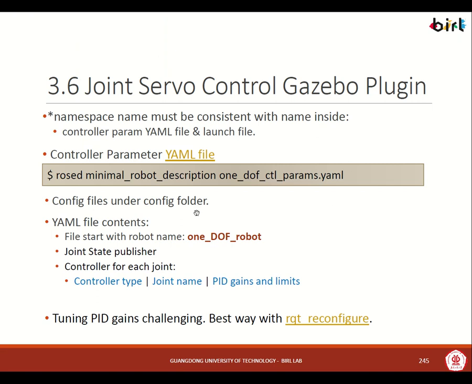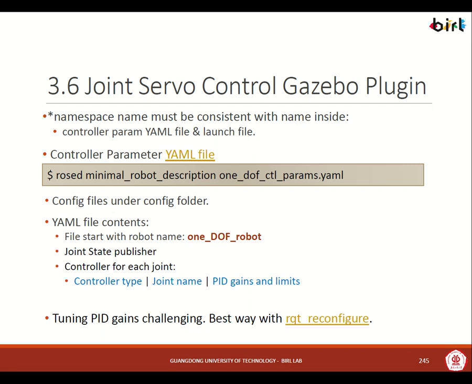And so we have a controller for each joint. We need to say the type, the name, the PID gains, and the limits. Tuning PID gains is challenging in general, and in ROS, an easy way, the best way to do it is by using RQT reconfigure. We haven't studied RQT reconfigure yet.